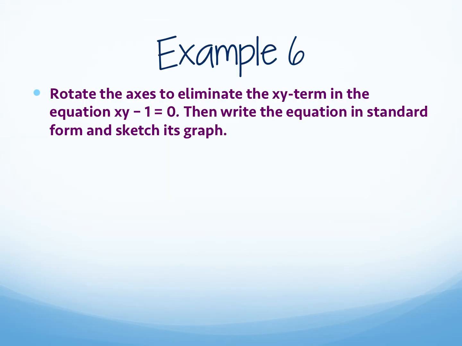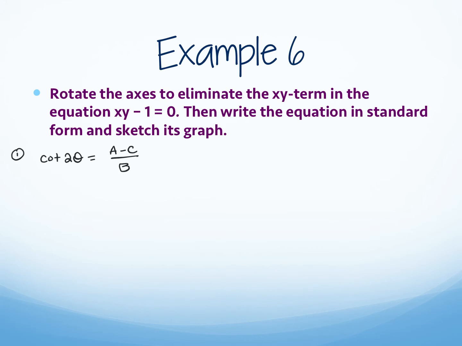This says rotate the axis to eliminate the xy term in the equation xy minus 1 equals 0. Then write the equation in standard form and sketch its graph. So step 1 is find theta. Cotangent of 2 theta equals A minus C over B. What's the A in this equation?